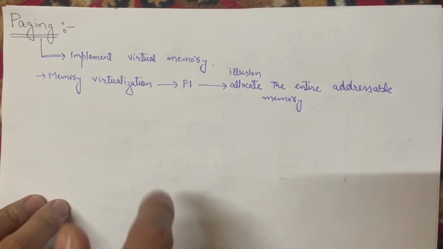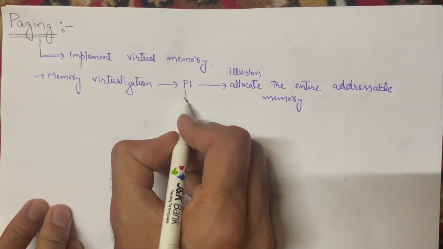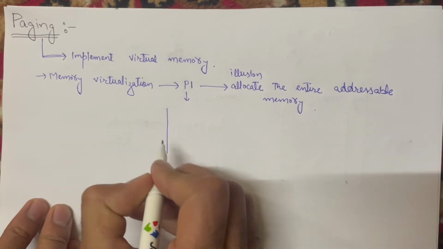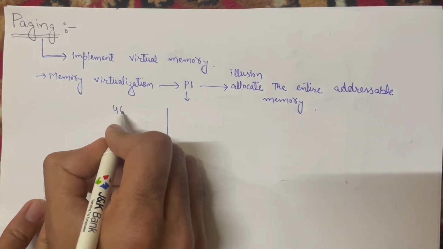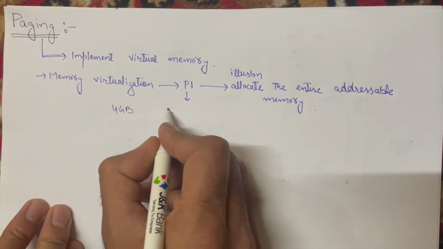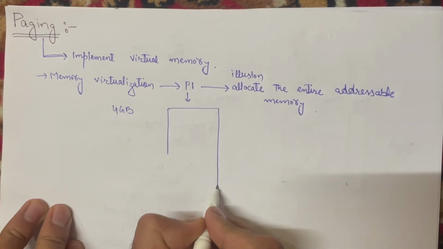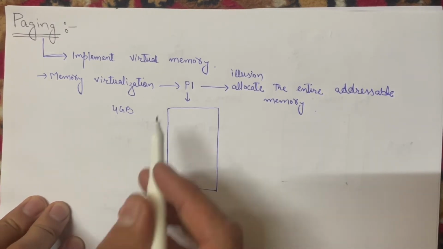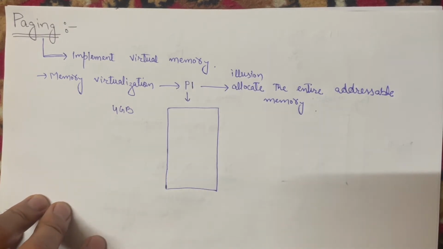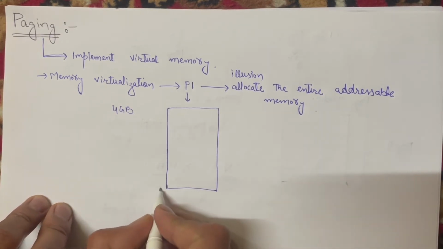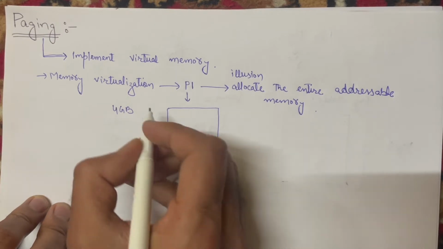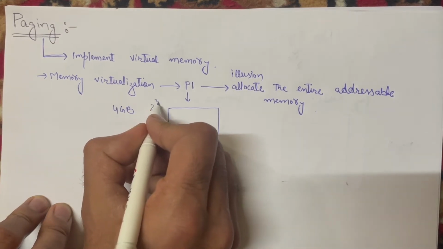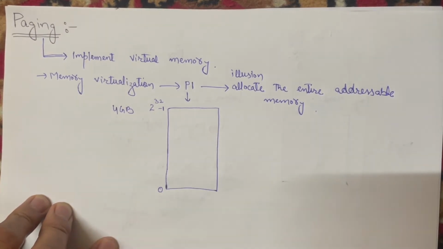So let's suppose this is our process P1, and if our addressable memory is 4 GB, then it is given an illusion that the entire 4 GB memory is allocated to this process, and it addresses that memory from 0 to 2 raised to the power 32 minus 1.